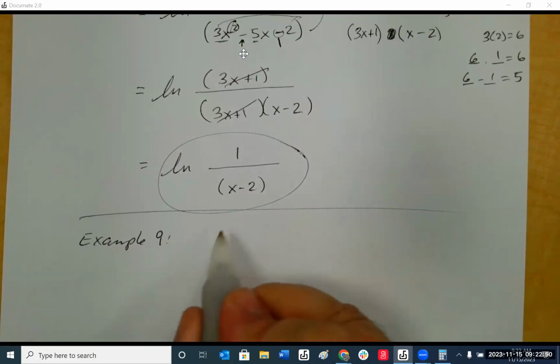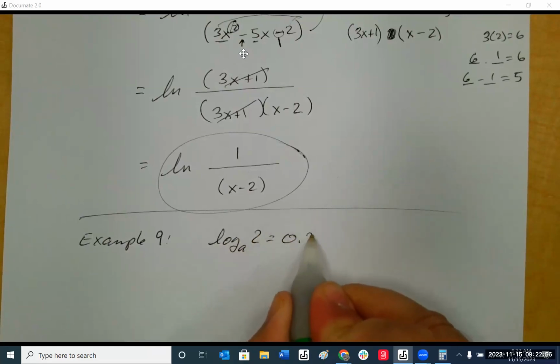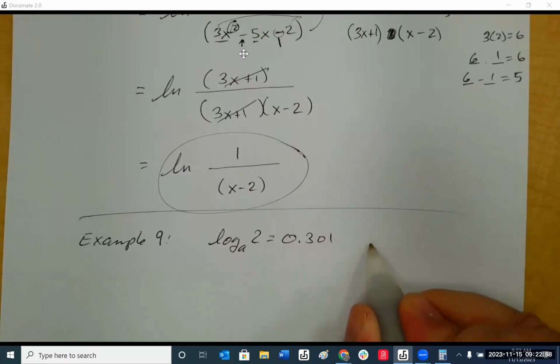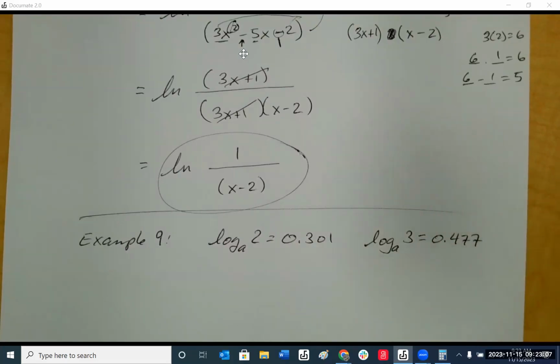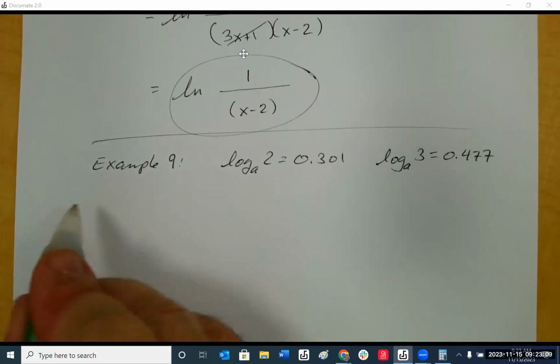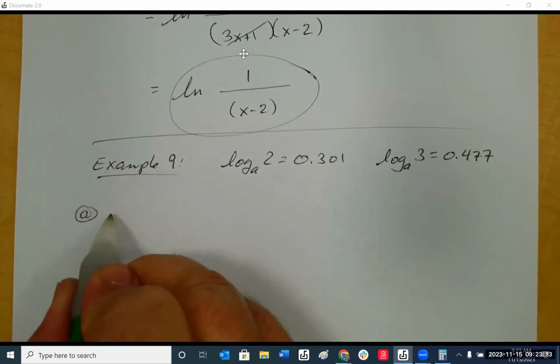Example 9 says log base a of 2 is equal to 0.301 and log base a of 3 is 0.477. Let's find these.